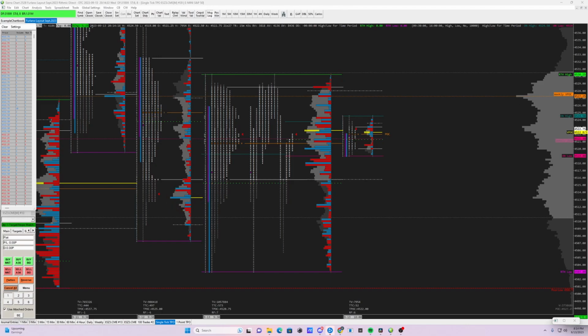Okay. Now, if we ignore this profile in the middle here for a second and we look at this profile, what happens in A period? A period opens up, we drive to the upside, and where do we stall and reverse in B period? Yesterday's time point of control, right? So to make it easier for some of you, this time point of control is 45.25.